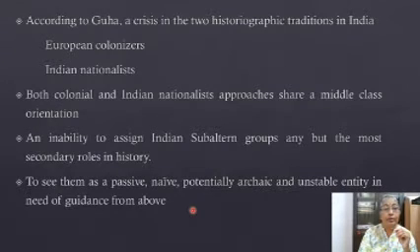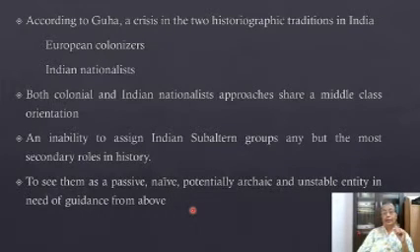And we got our freedom, but both colonial and Indian nationalists had a middle class orientation, and they were not thinking either of the downtrodden or of the very high. And again, they had an inability to give Indian subaltern groups any but the most secondary roles in history.